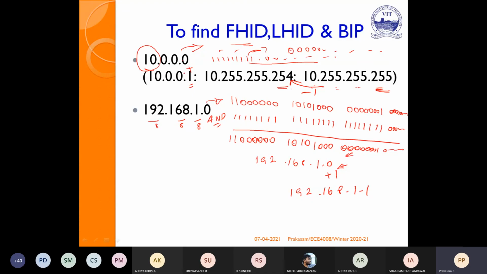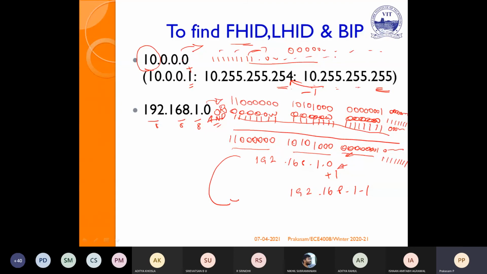Then for the last host ID, same procedure, just complement this mask. So the first three fields are all 0, and the last 8 bits are all 1. Then go for the OR operation. You will get 11000000, 10101000, 00000001, and the last 8 ones.